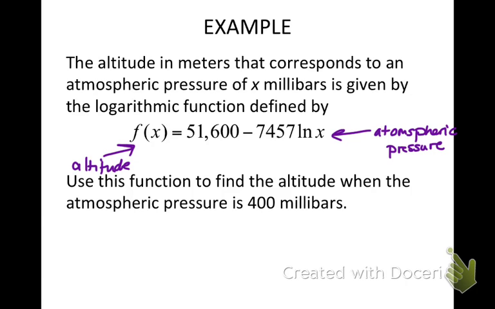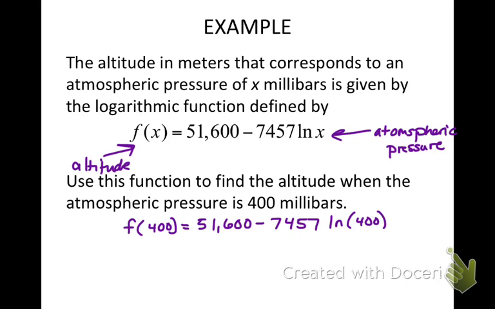All right, so we're going to use that function to find altitude when our atmospheric pressure is 400 millibars. So what are we going to do? We're just going to throw 400 in place of x. So f of 400 is equal to 51,600 minus 7,457 natural log of 400.